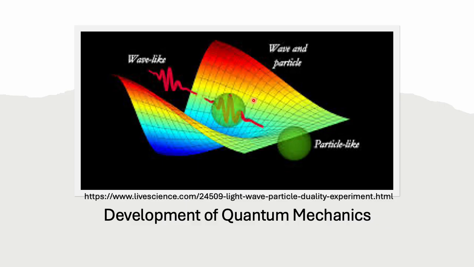As quantum theory evolved, it introduced the idea that particles, like electrons, could exhibit both wave-like and particle-like properties. These dual properties were essential in understanding the behavior of subatomic particles and led to the formulation of quantum mechanics by Heisenberg, Schrödinger, and others.